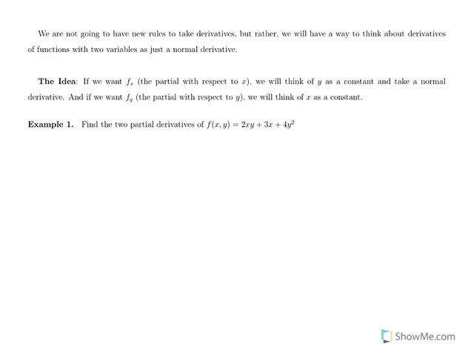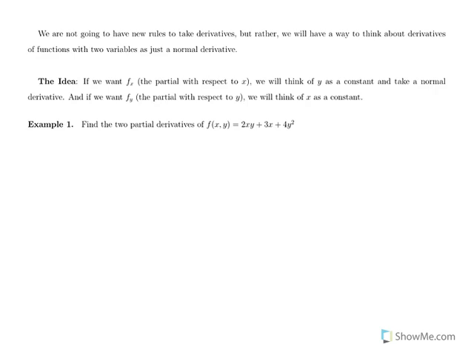So here's the idea. If we want f sub x, that is the partial derivative with respect to x, we will think about y as a constant and then take a normal derivative. So we're going to think about y being just some number like 2 and then take the derivative with respect to x. And if we want f sub y, the partial with respect to y, we're going to think about x as a constant. That's the new thing.